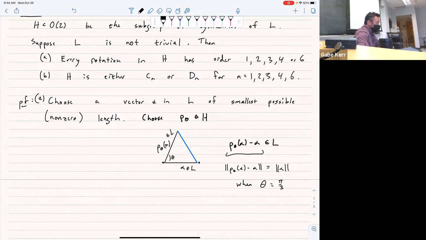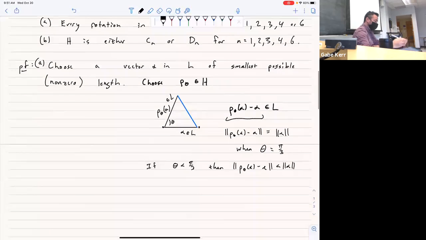When theta is smaller than pi over 3, we're going to have that this is small. This guy has smaller. But that's a contradiction because we chose alpha to have the smallest possible length.